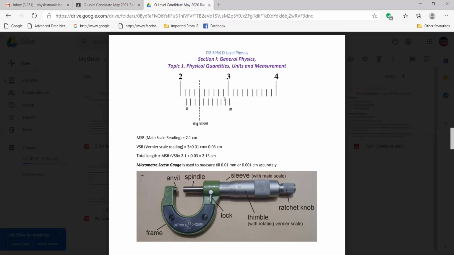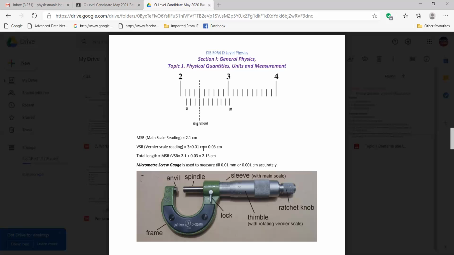They are a little bit far, right? Yes, sir. That's why we will take this reading. So here we are getting 1, 2, 3, right? Yes, sir. So our vernier scale reading will be 3 multiplied by 0.01.